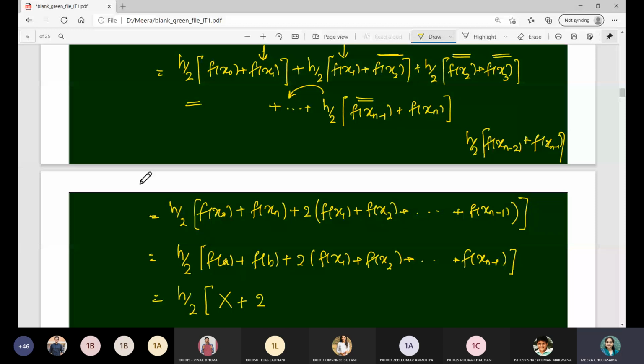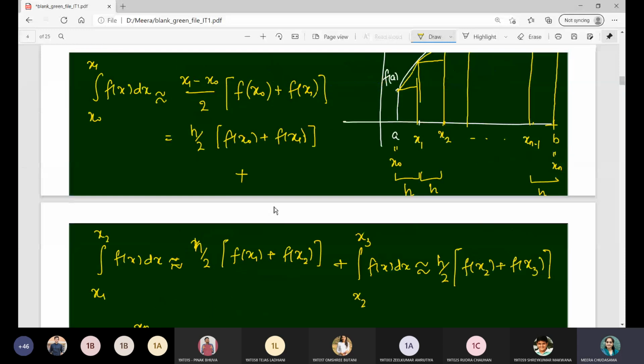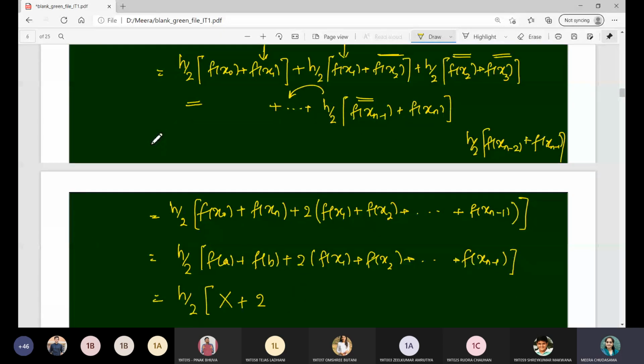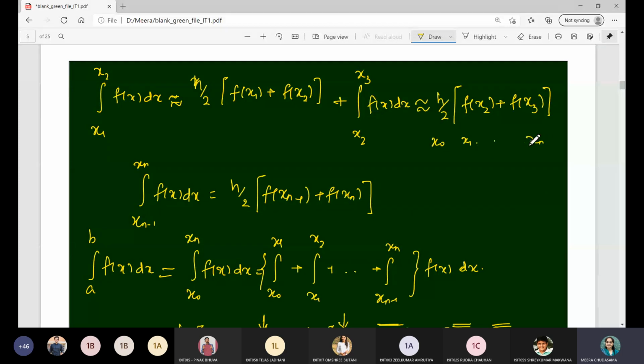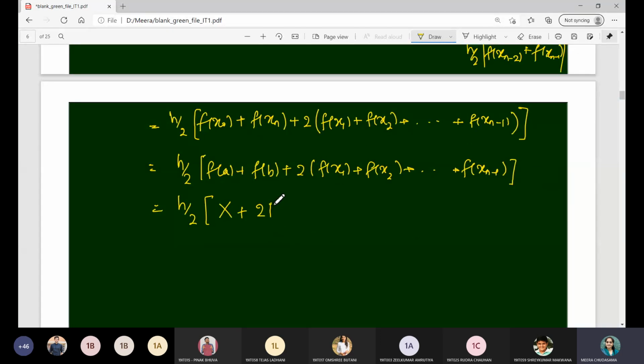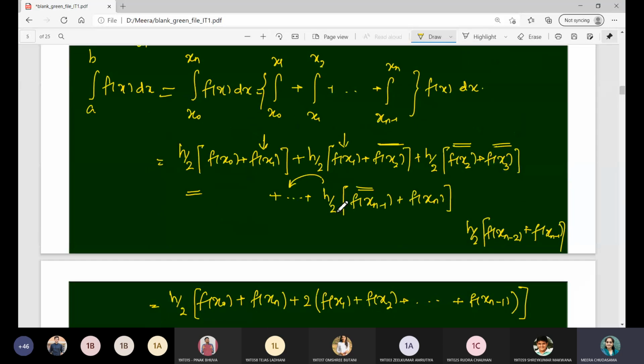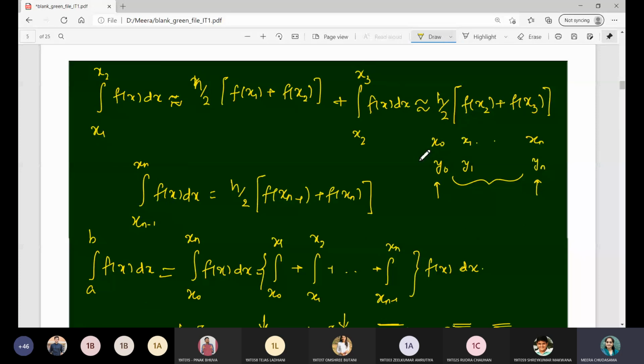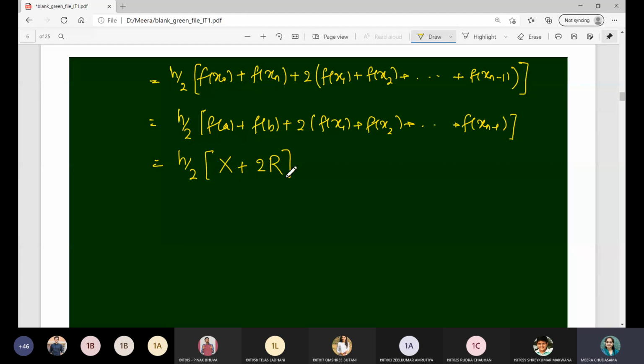Whenever you are given discrete data, x0, x1, up to xn, the corresponding function values, that is y0, y1, y2, up to yn, will be given. So what you have to do is take the initial values, that is y0 and yn, that is the sum of extreme values, plus twice the sum of the remaining values, meaning the intermediate values you get here. When I talk about the table quantity, it is given to you, so in the formula you take h by 2, the step size you can decide from the data, times y0 plus yn plus twice the sum of the intermediate values, that is the remaining values. So this is called the composite trapezoidal rule.